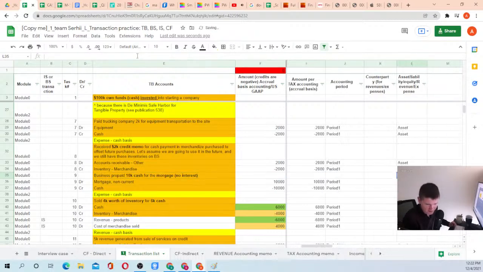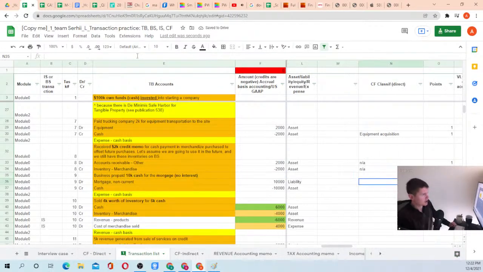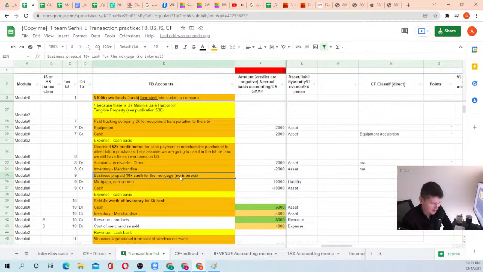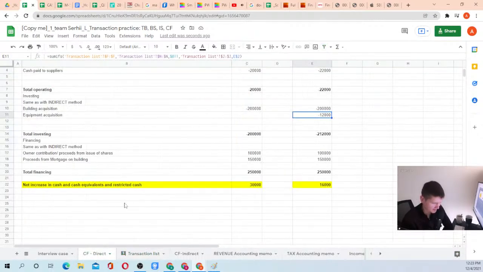It's important here that we have no interest, because you usually show interest in the operating activities, but if you repay just the principal of the mortgage, that will be a financing activity.